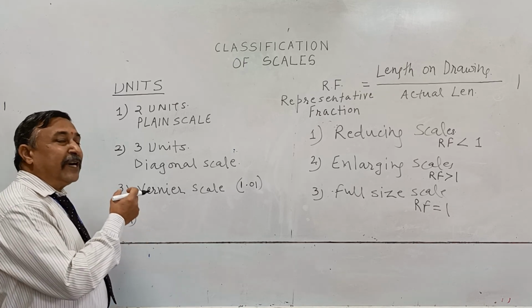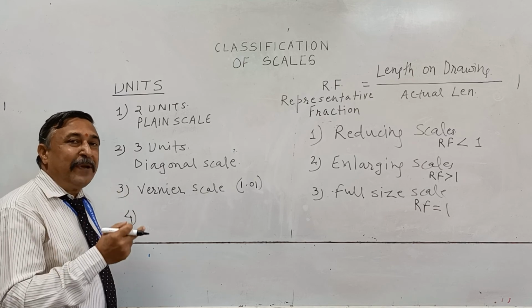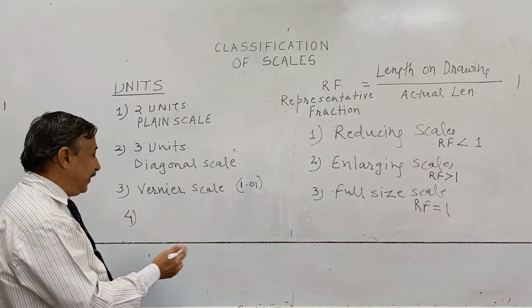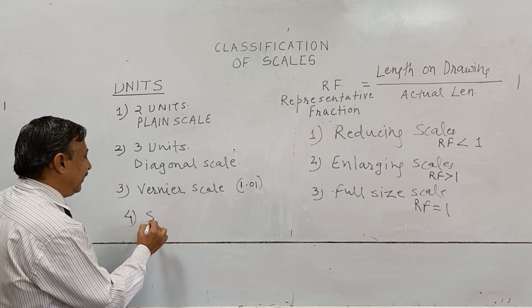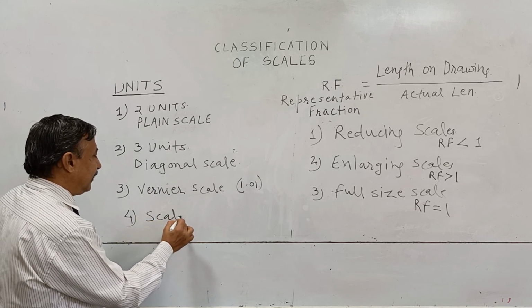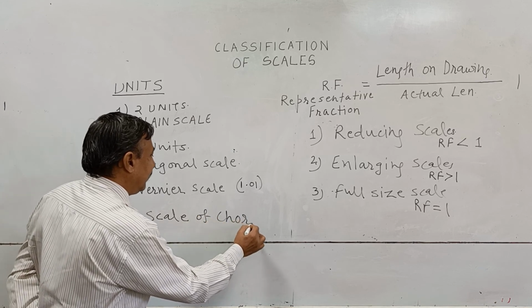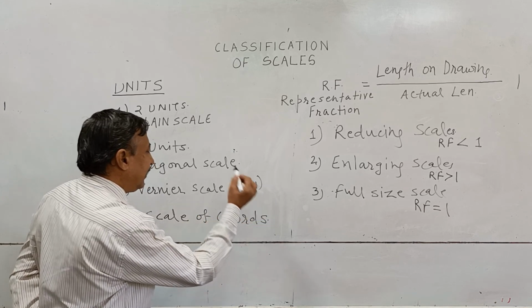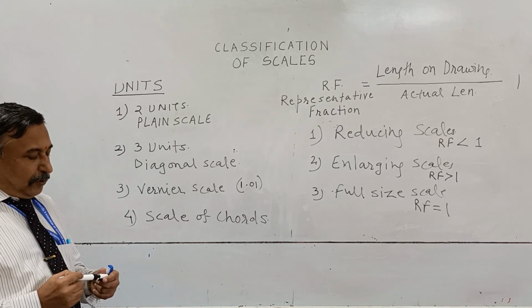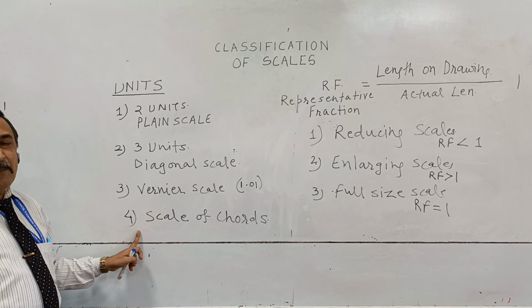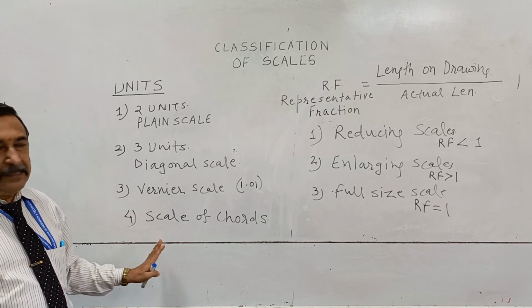So if you construct a scale for measuring angle, this is another type of unit. It is called the scale of chords. So this is the classification of scale on the basis of unit.